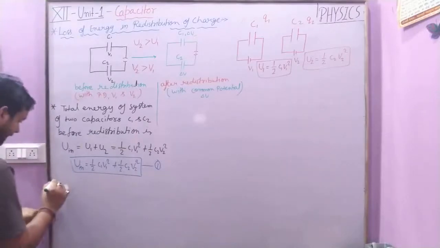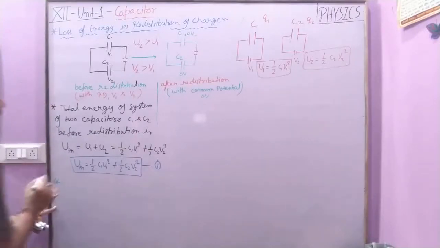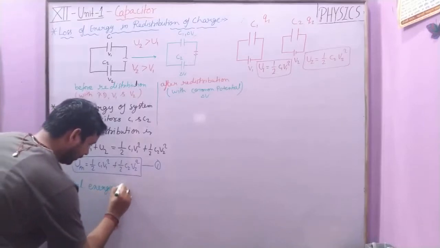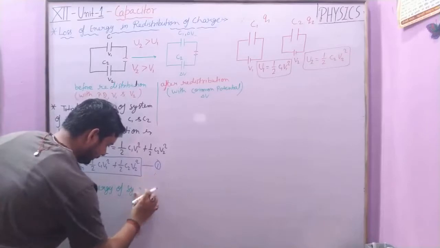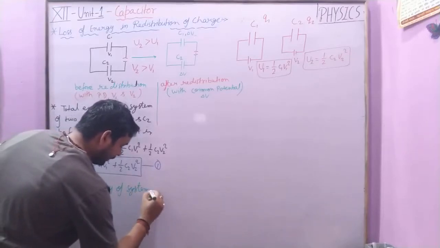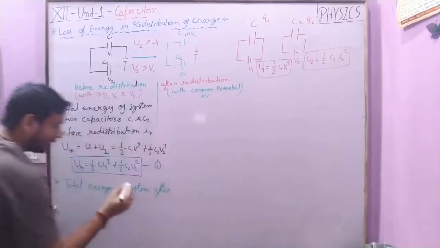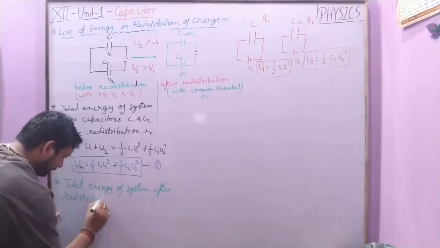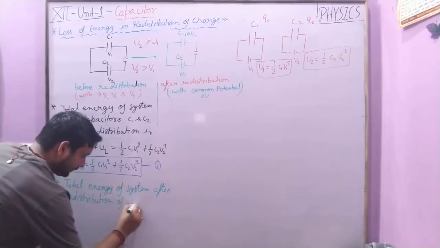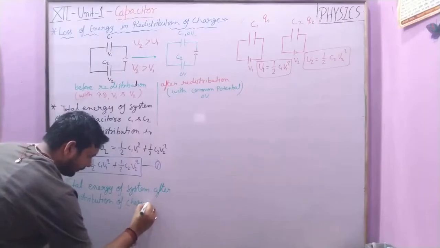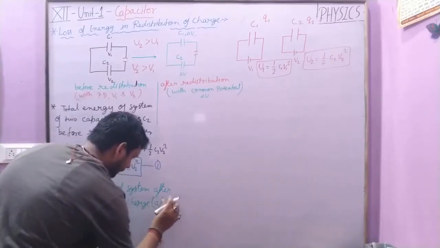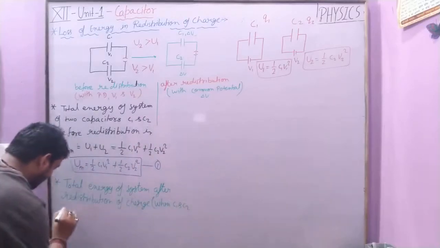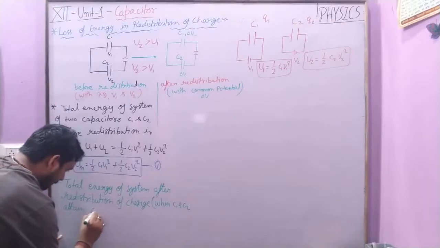Therefore, the second situation is the total energy of the system after redistribution of charge, when C1 and C2 attain a common potential.